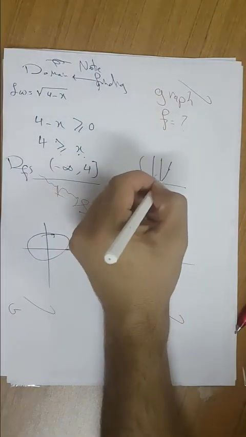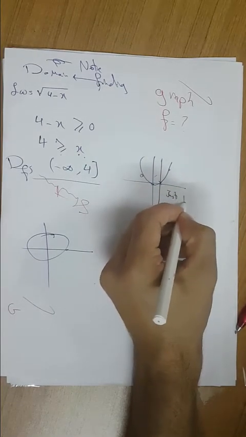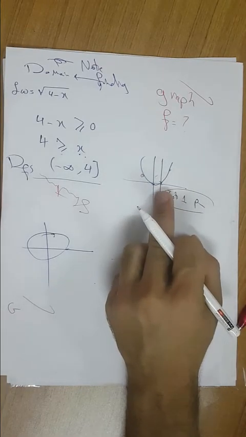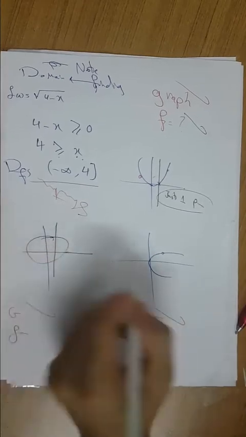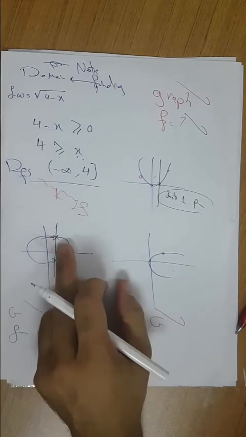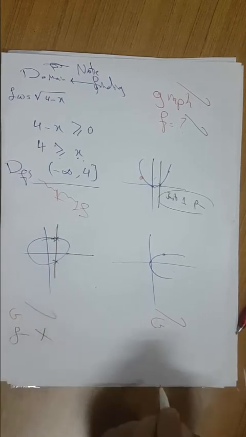If the intersection is just one point in that graph, you say it's a function. So this is a function, yes. How about this one? Here's the vertical line, and we have 2 points instead of 1 point. So we say it's not a function. It's a graph.